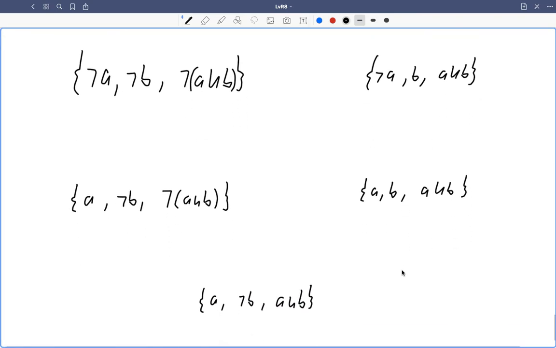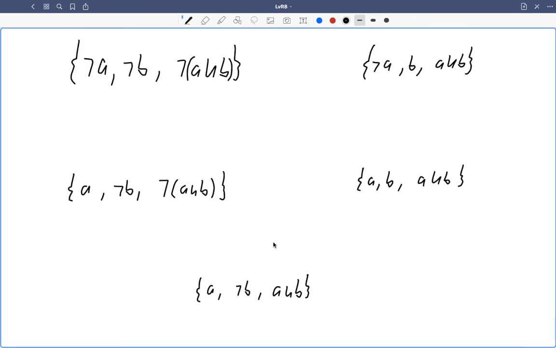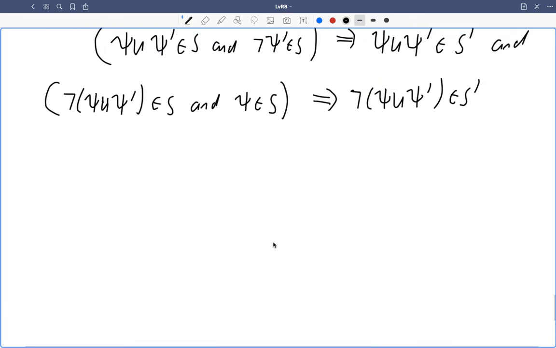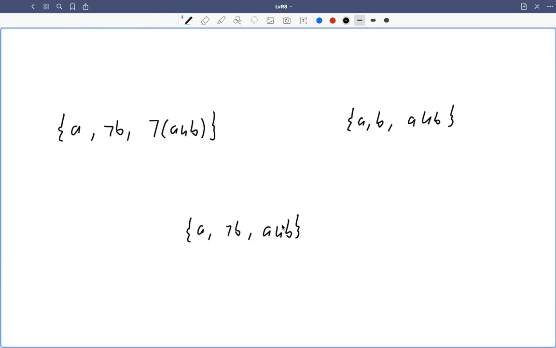So here, for example, we have an until and the negation of the second formula.